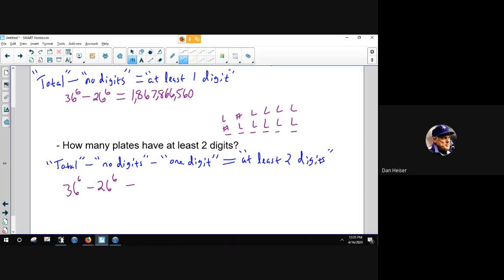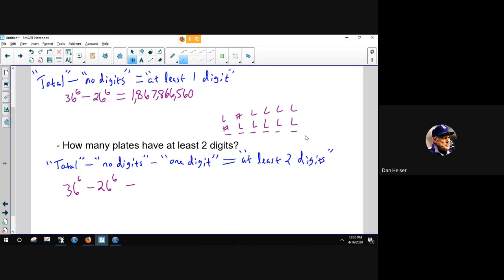There are 6 different places this digit could be. So once I get my first set here, I have to multiply it by 6 to account for all the possibilities where that number could be.